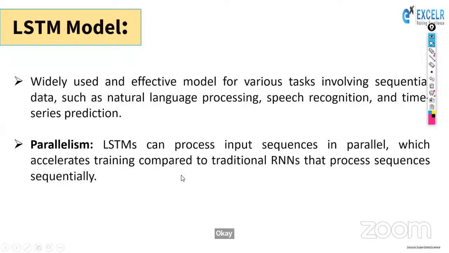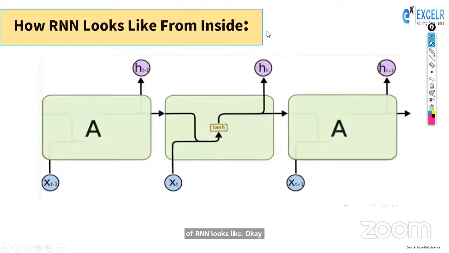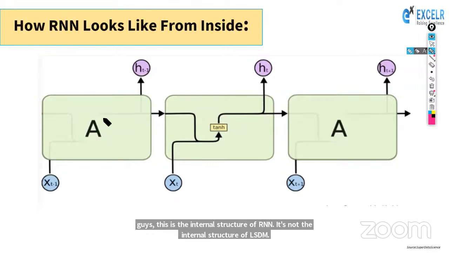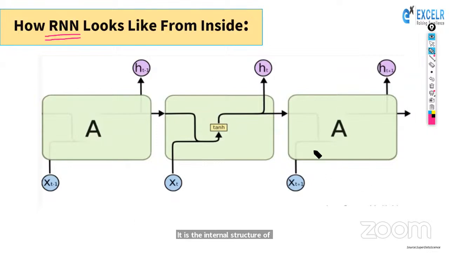Let me first show you how the internal architecture of RNN looks. Guys, this is the internal structure of RNN, not of LSTM. To understand this structure, let me recall the neural network diagram.